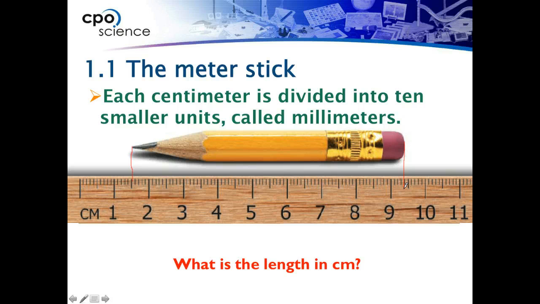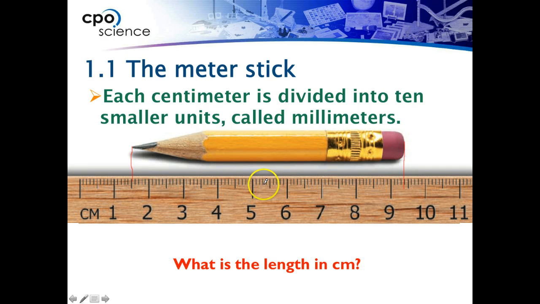Okay, so now I have to figure out, it's starting here at 1.5. I could do this in one of two ways. I could start here, and I could go, well, that's 1 centimeter, right? Halfway to halfway, there's 2 centimeters.